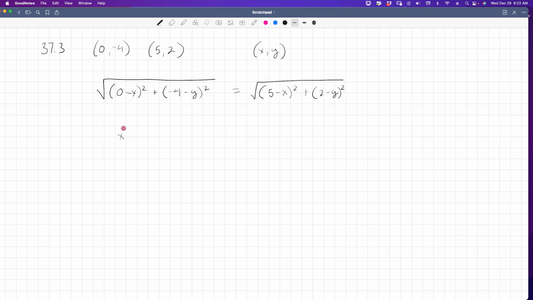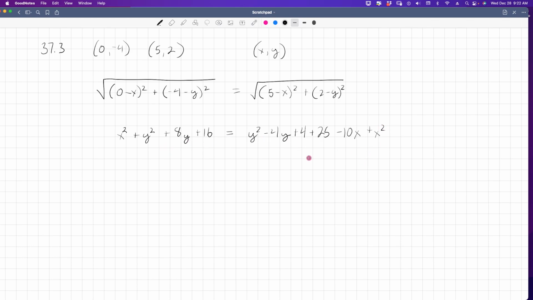x squared plus y squared plus 8y plus 16 is equal to y squared minus 4y plus 4 plus 25 minus 10x plus x squared.